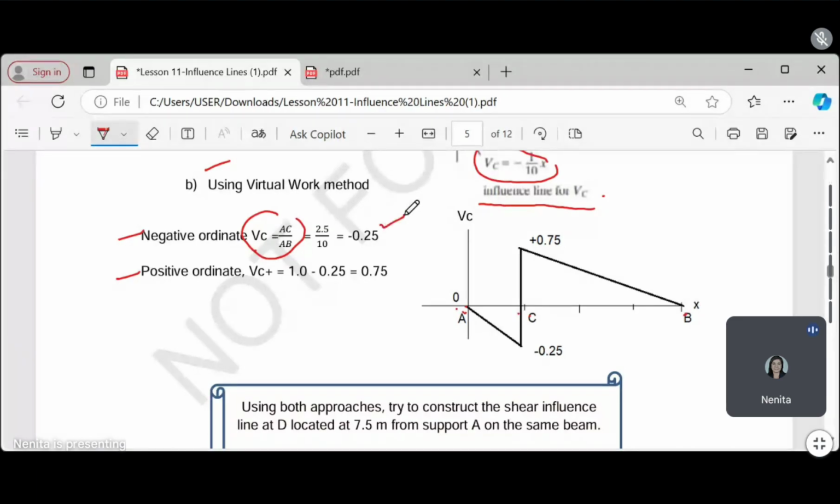So we get negative 0.25. Then the positive ordinate at the same point is just 1 minus 0.25. This means their sum should always be 1. Did you get it?